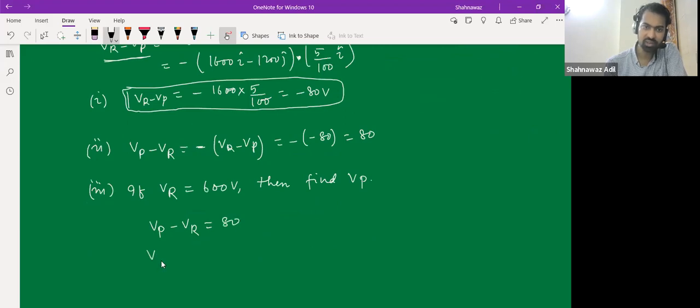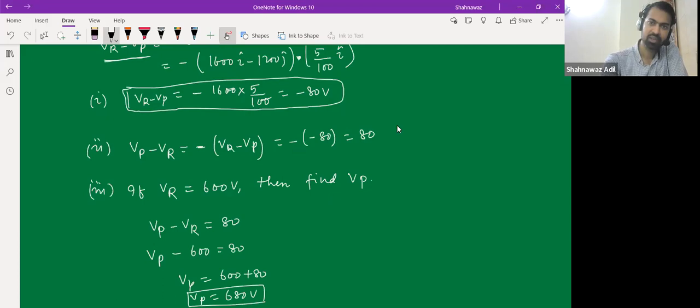VR is given as 600, so VP would be 600 plus 80, which is 680 volt. So these are the three questions in this part. Any doubt up to this point, guys?